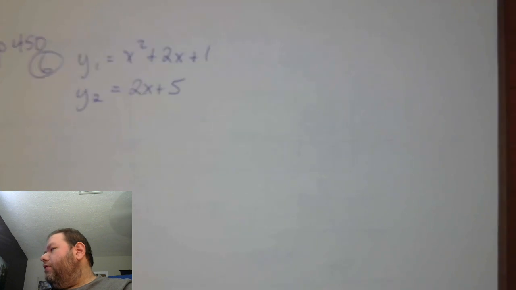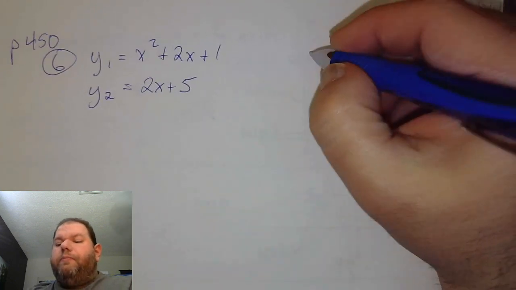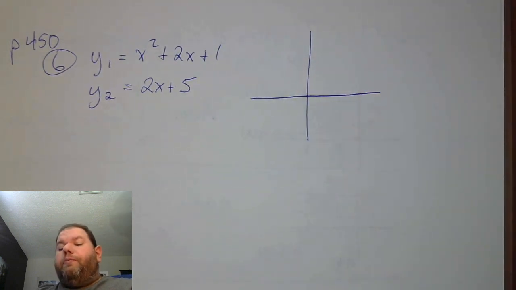So, first thing we want to do is graph these two equations. Now, 2x plus 5, we're probably more comfortable graphing that than the parabola.